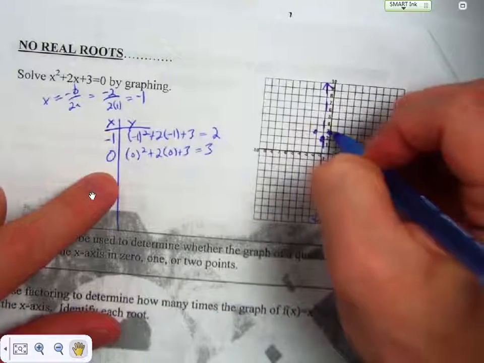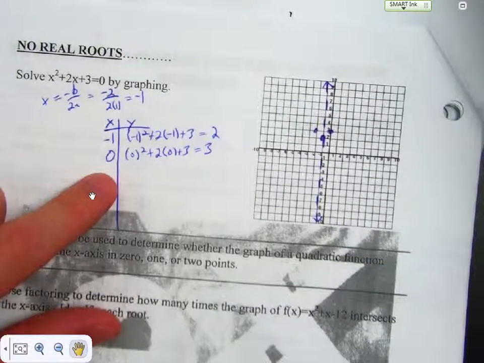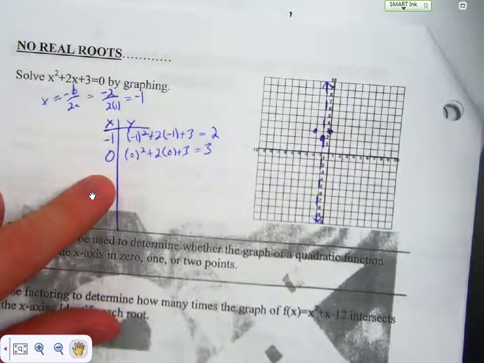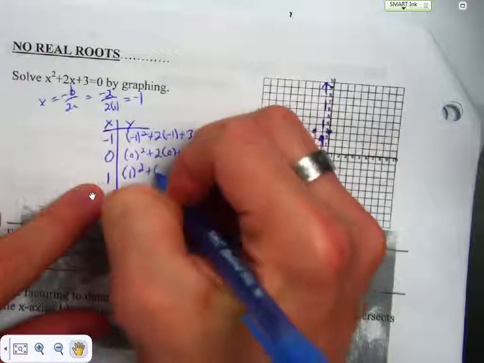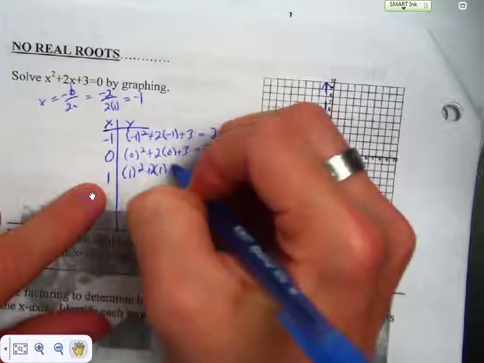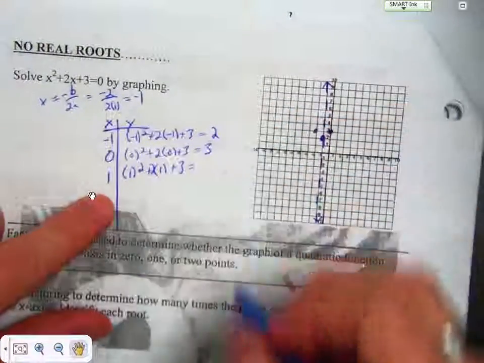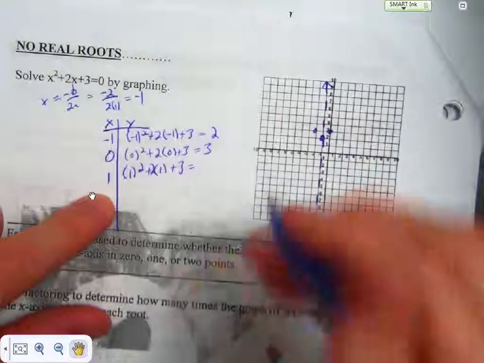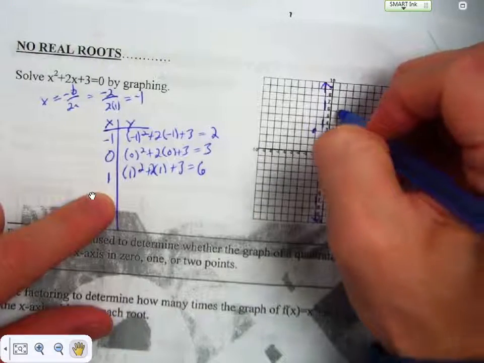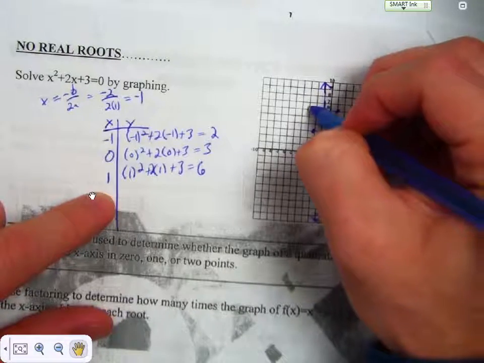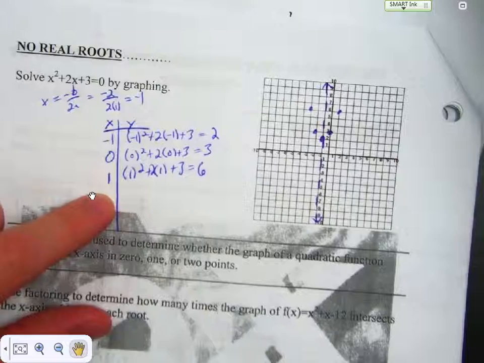I get the feeling this isn't going to come anywhere near my x-axis. So then I plug in 1. 1 squared plus 2 times 1 plus 3, and we get the point 1, 6. Right 1 up 6. Points equidistant away on the other side.